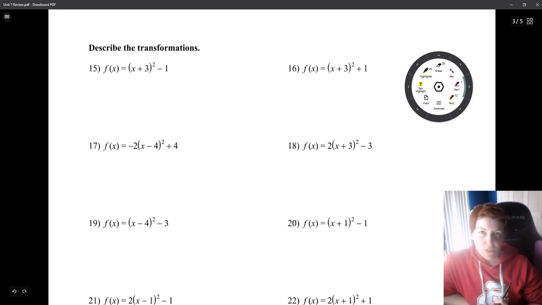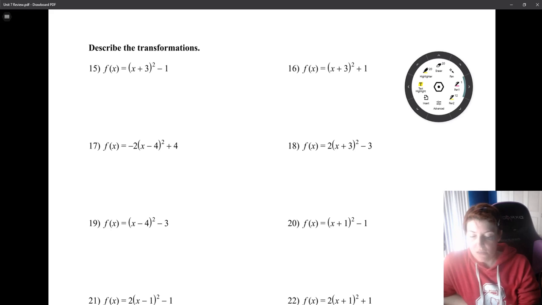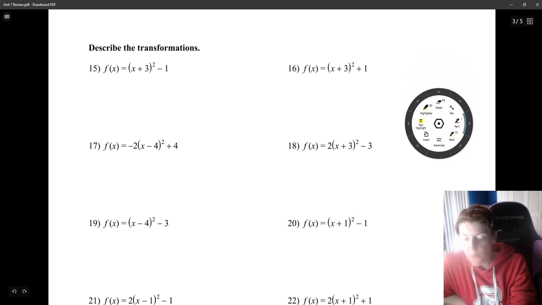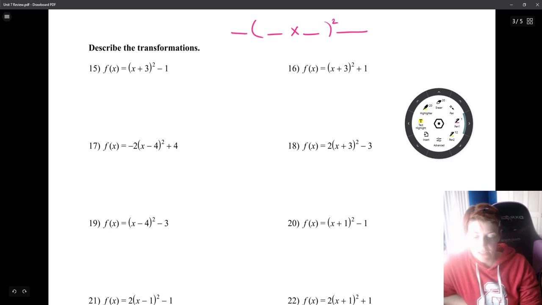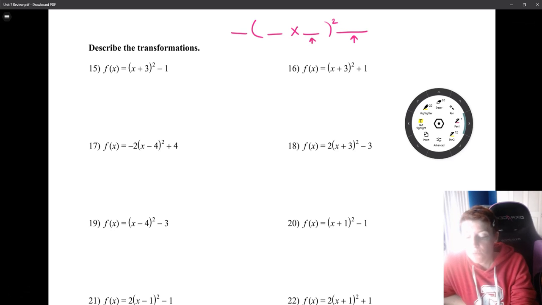All right, describing transformations. This is what we do our 4-line setup for. So we have our 4 lines like this. Honestly, you're really only going to need these 2 lines for this particular test. So we're just going to work with those. Anything that's outside of those lines you can ignore on the review.